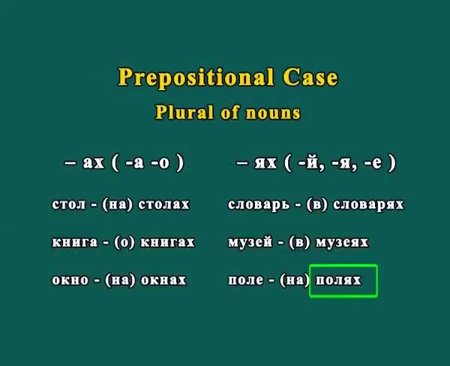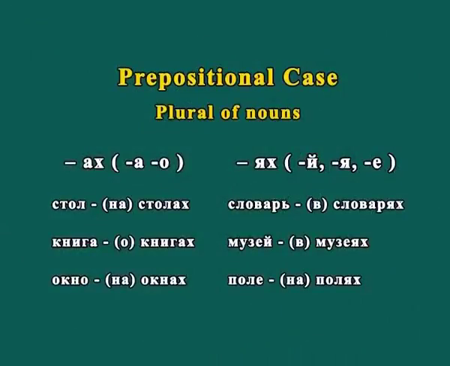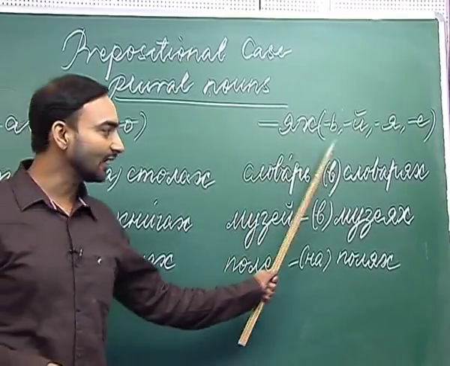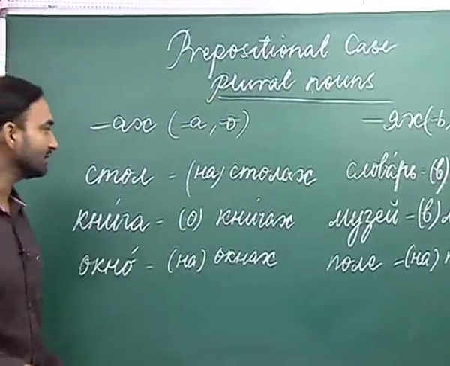Pole, polyach. As you can see, I have written some prepositions within the brackets just for reference purposes, so that you understand that these forms are in the prepositional case. So, let us repeat them once again.